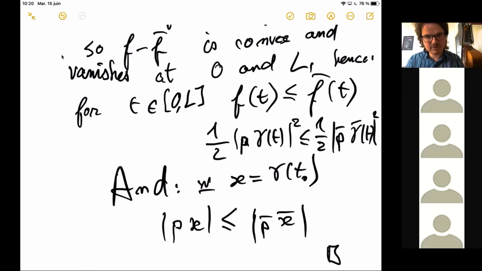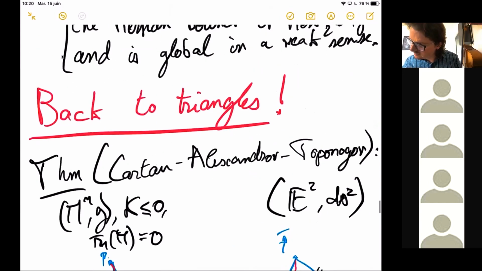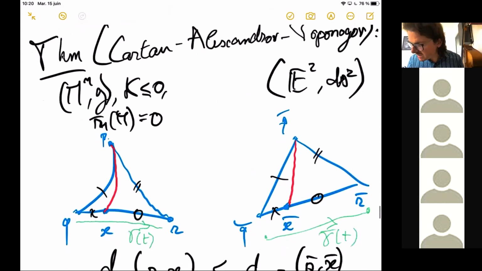So this will work as long as my geodesic here stays where the distance function, oh, I have a conflict of r's here. Well, when the distance to P is smooth, so that will work as soon as PQ and PR as distances are smaller than the convexity radius at P. So we can see that we can make it work locally.